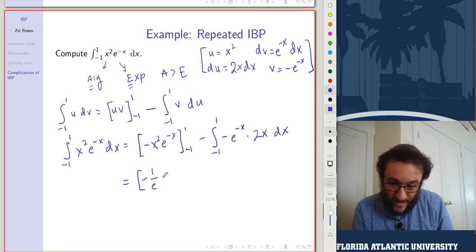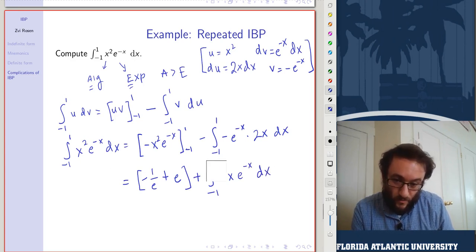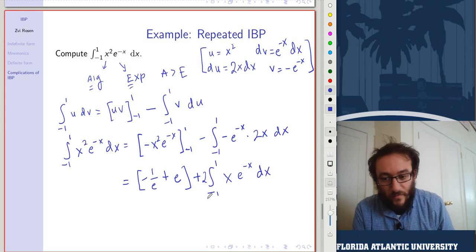And so we subtract that. That gives minus minus e, or plus e. And we have plus the integral from negative 1 to 1 of 2x e to the minus x dx. Okay, and I'm actually going to want to take the 2 and put it in front of the integral.